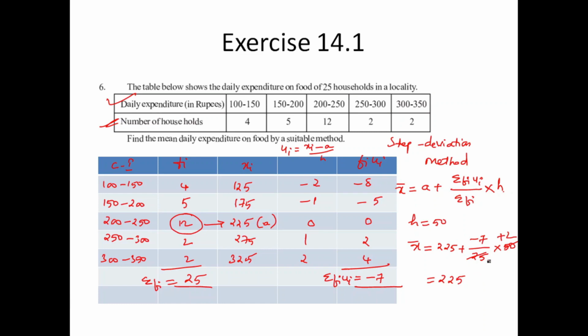Here you'll have plus and this becomes minus 14. Now, when I'm subtracting this one, this is your 211, your required mean value. So the daily mean expenditure on food is 212 rupees. Hope I'm clear with this.